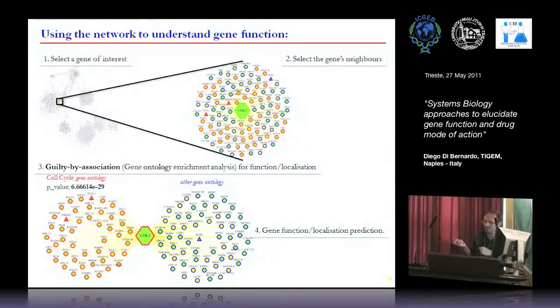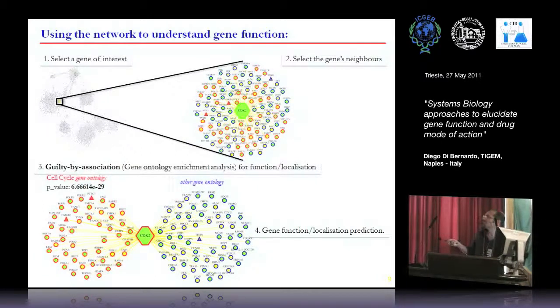And the way we use this network for this is to get a gene and to look at what are the neighbors of this gene in the network. By neighbors, we mean all the genes that are co-regulated, according to our analysis, with your gene of interest.